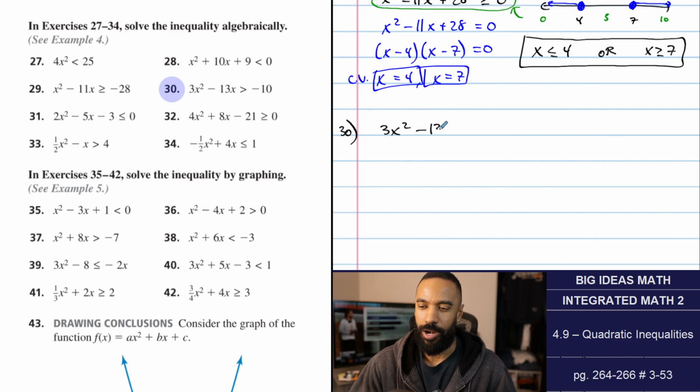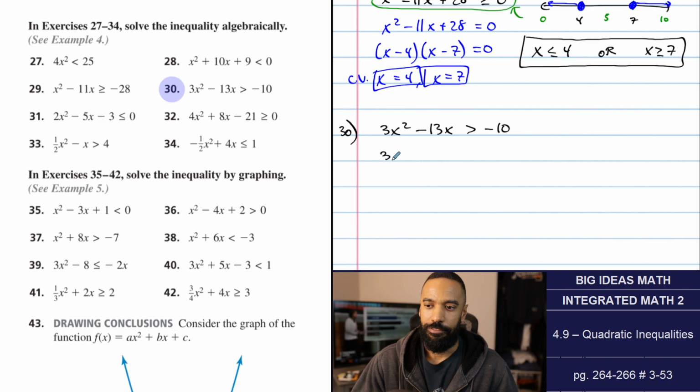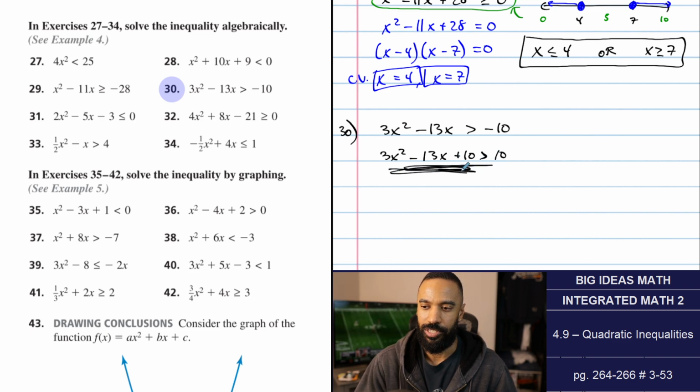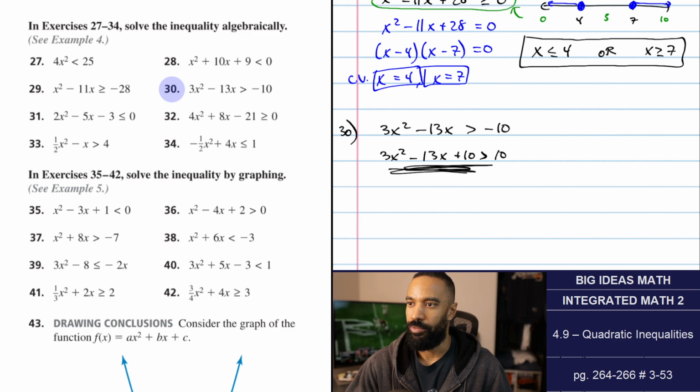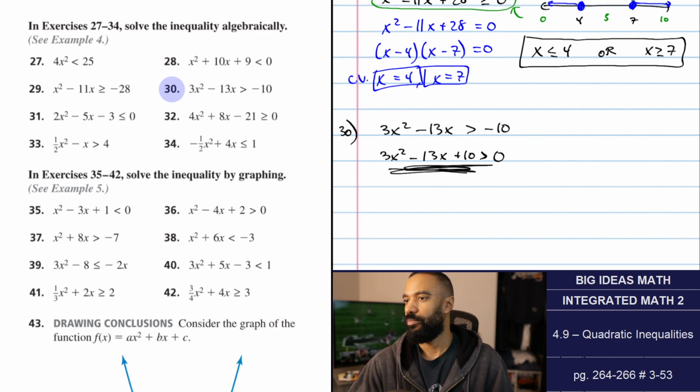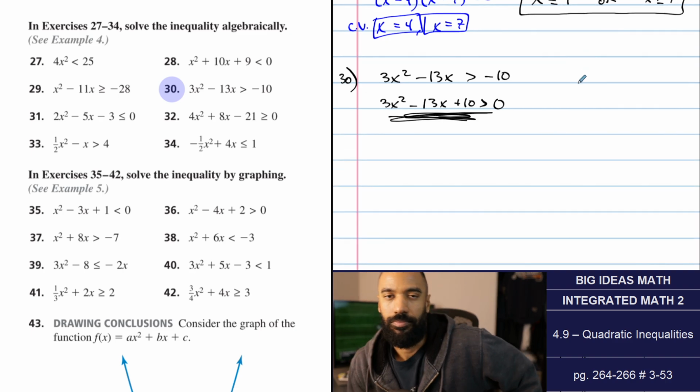Number 30. 3x squared minus 13x is greater than -10. This is the official adding 10 over. Adding 10 over right here. This is the inequality we want to do tests against. All right. Oh, that's a 0. I'm having trouble. Is it factorable?